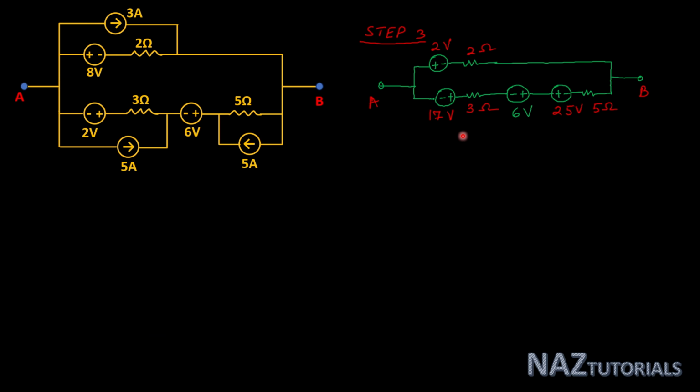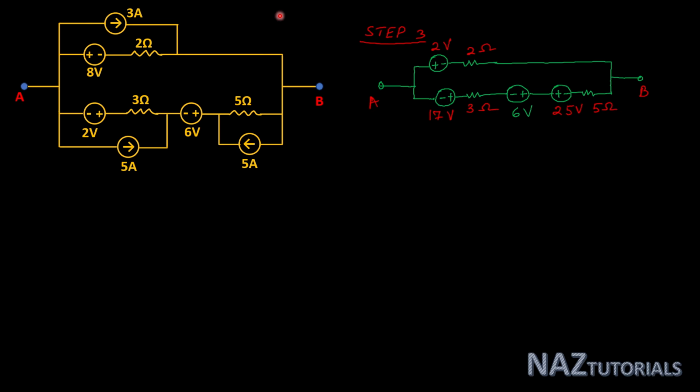For making the equivalent, 17 volt and 6 volt are in the same polarity. It means 17 plus 6, that is 23 volt, and this 25 volt is in opposite polarity, so these two will be subtracted. So 25 minus 23, that is 2 volt.